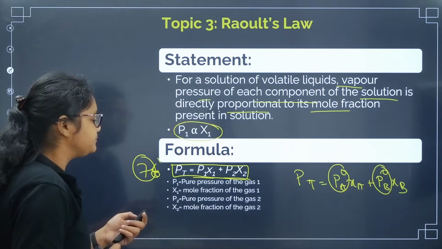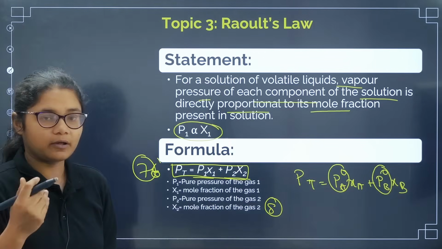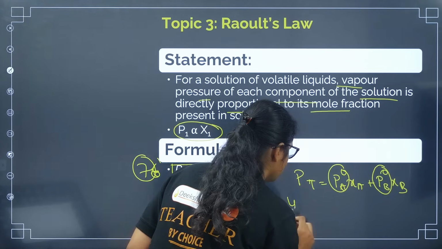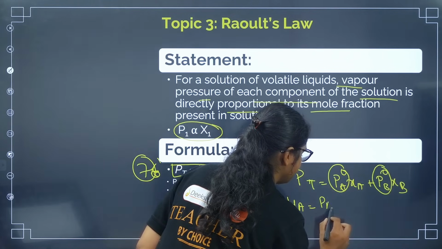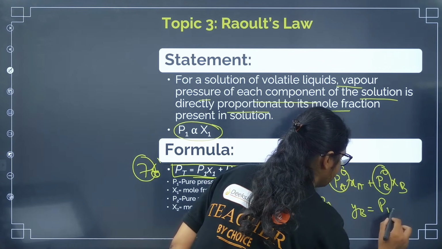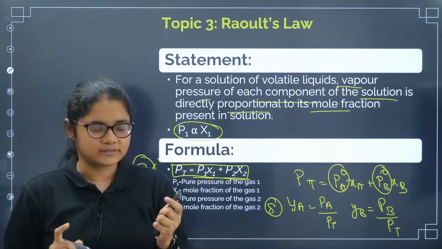Now one more formula we will add, that is the mole fraction in the vapor phase, YA and YB. YA is equal to PA by P total and YB is equal to PB by P total, right? So a complete 8 formulas from solutions have been written till now.